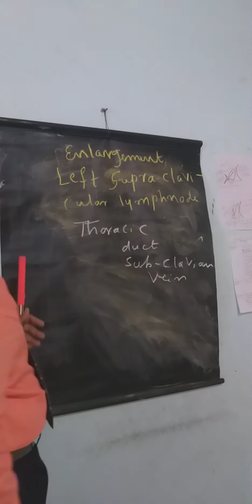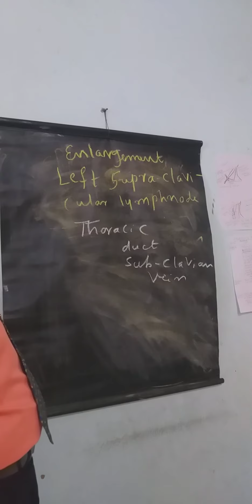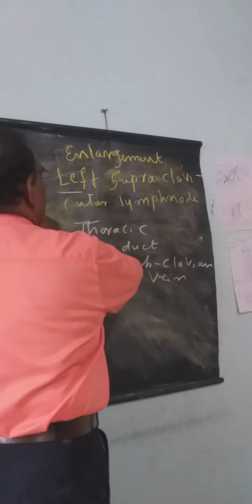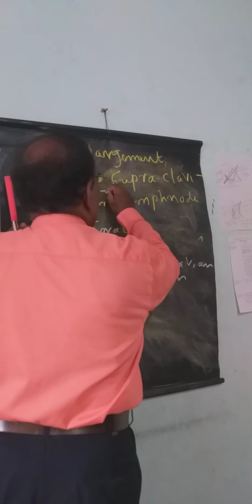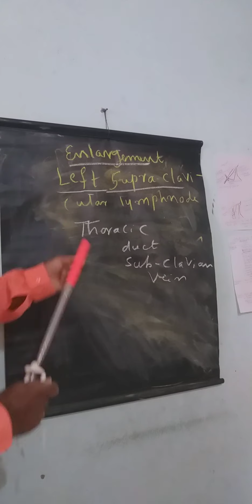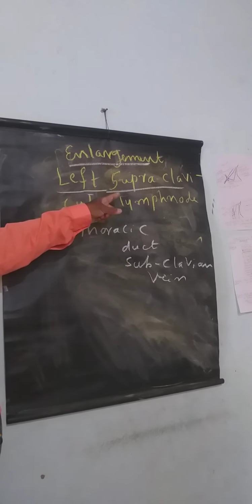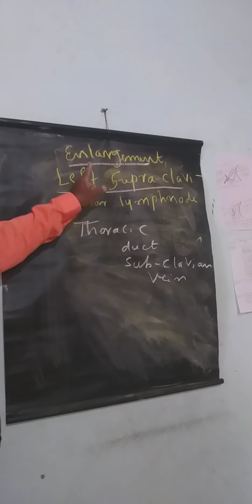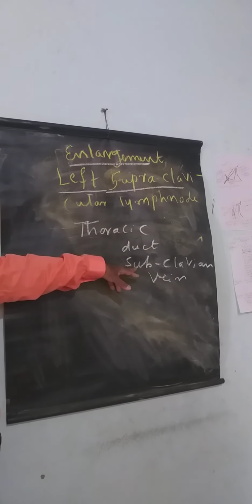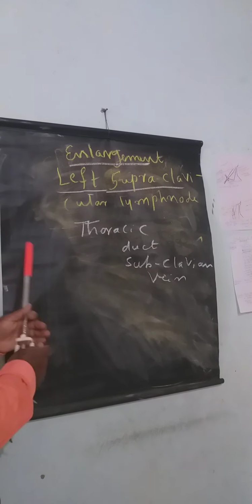This has to be borne in mind. Once again I repeat, enlargement of the left supraclavicular lymph node, left not right, because the thoracic duct opens on the left side, in the left subclavian vein.